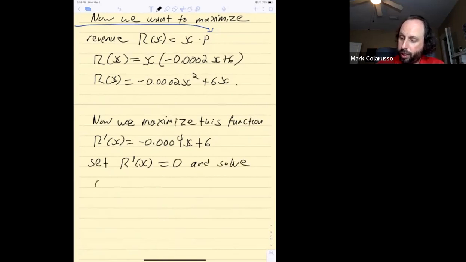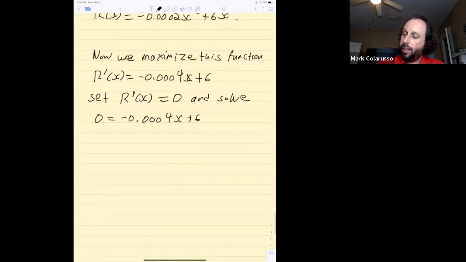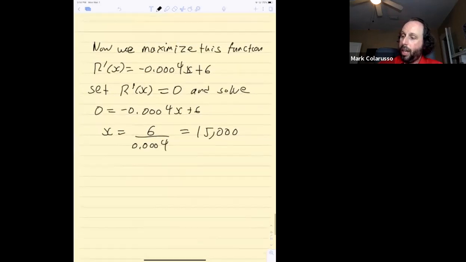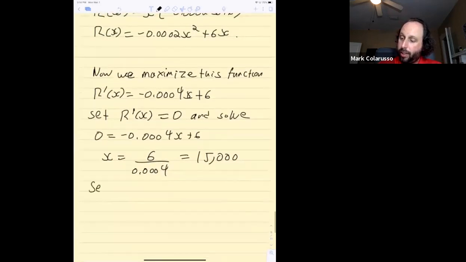So 0 equals minus 0.0004x plus 6, so x equals 6 divided by 0.0004. You need to use a calculator for this unless you're incredibly good with scientific notation. But you get 15,000.